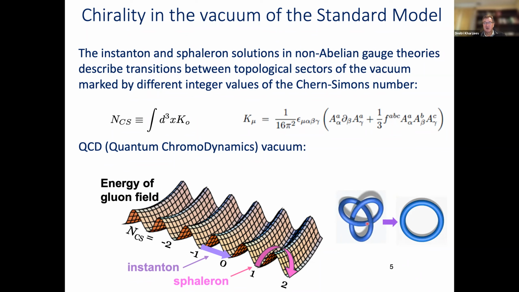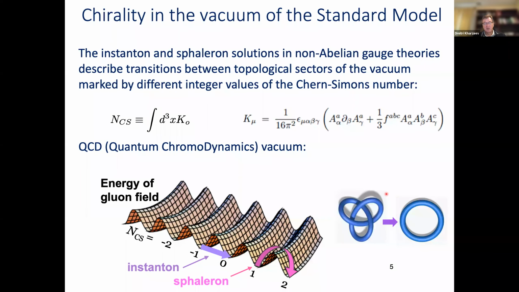Then if I allow these lines of magnetic flux to cross, I can transform this right-handed trefoil, I think this is actually a left-handed trefoil, into an unknot. And this transition would really correspond to a transition from a state with -1 Chern-Simons number to 0 Chern-Simons number. For the case of non-Abelian fields, it's hard, at least for me, to visualize what's really going on, but the physical meaning is still the same.